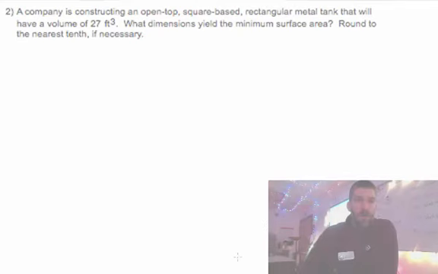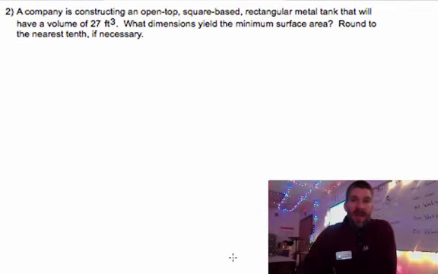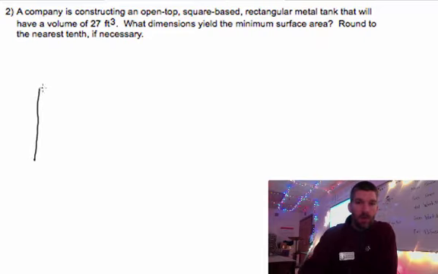A company is constructing an open-top, square-based rectangular metal tank that will have a volume of 27 feet cubed. What dimensions yield the minimum surface area, rounded to the nearest tenth? So we've got an open-top, square-base, rectangular metal tank.